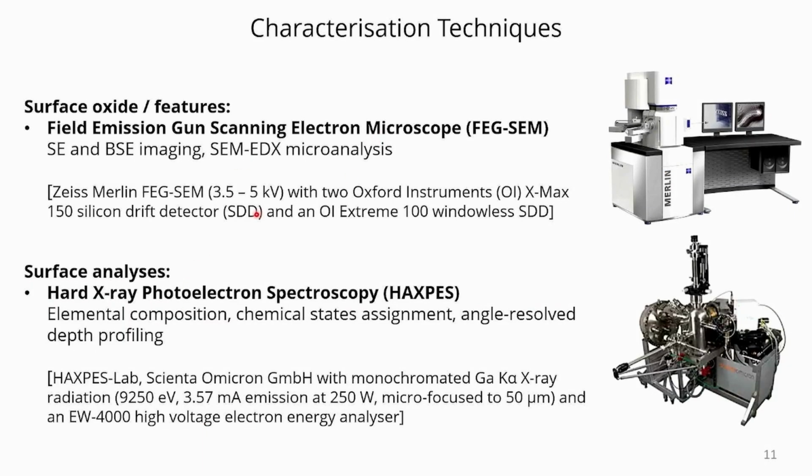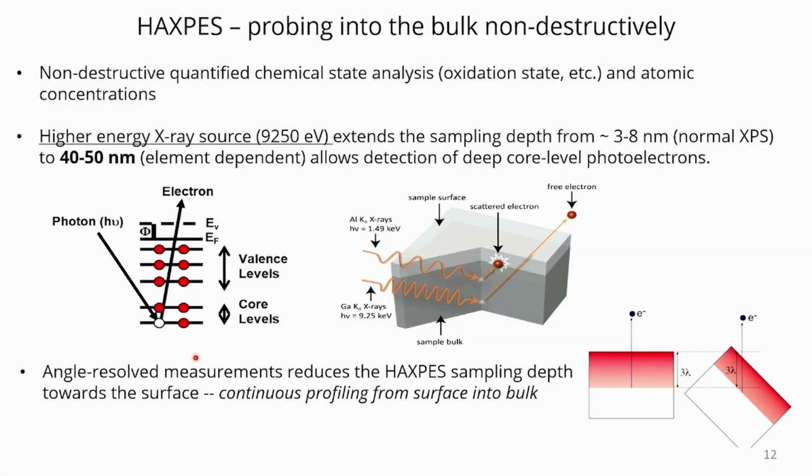So we then characterize the oxide via complementary techniques. We use SEM for a qualitative analysis of the morphology and composition, and hard X-ray photoelectron spectroscopy (HAXPES) to quantify the elemental composition, assign chemical state, and do some depth profiling of the surface. In particular, HAXPES is a surface-sensitive technique which allows the calculation of atomic concentration by using hard X-rays.